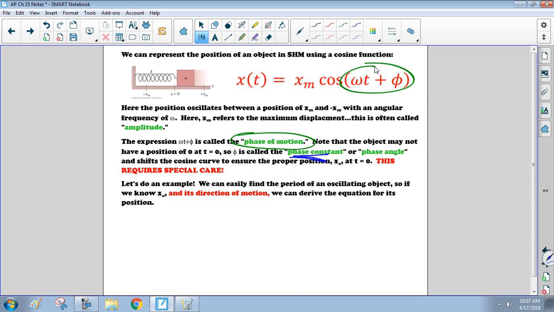All right, so I think probably the easiest way for you guys to do this and for this to make some sense is to actually do an example. Okay? So that's exactly what we're going to do. All right, so over here I've got this mass hanging here. It's a mass of 0.2 kilograms.